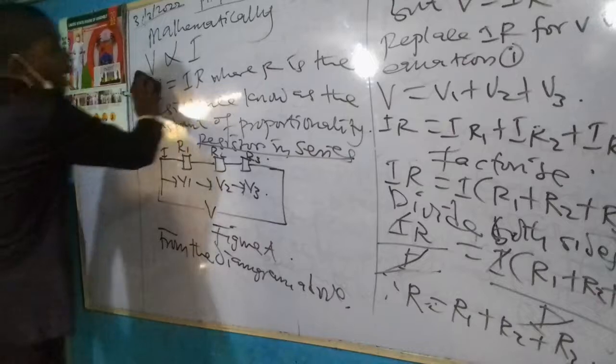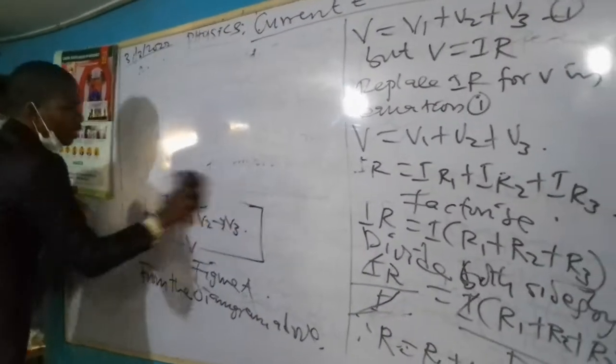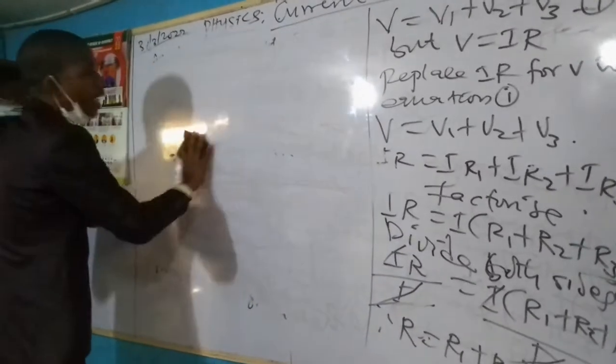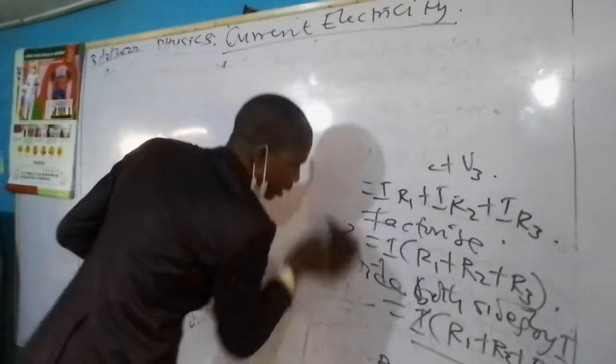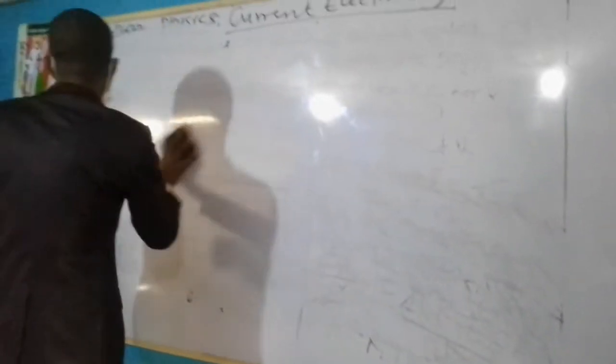Then let's look at the parallel connection. When resistors are connected in parallel, it means that each resistor has its own electric current, but there is one potential difference.